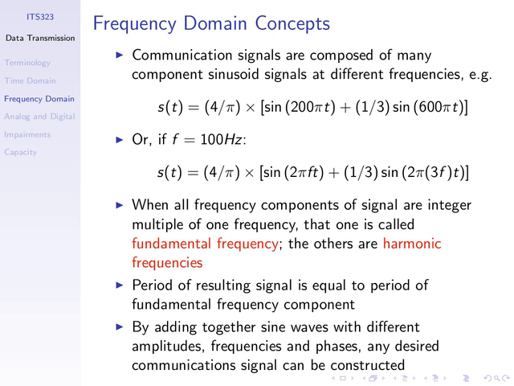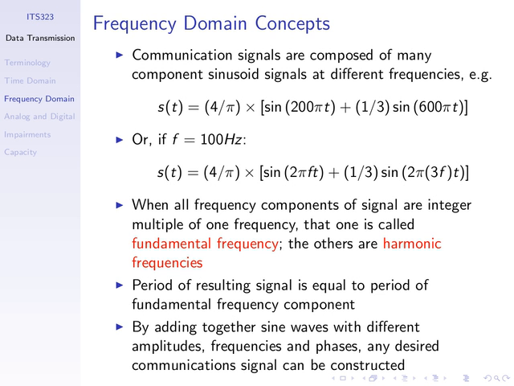Second component, S_B, peak amplitude of 1/3. It'd look the same, except it's shrunk in this way, so that the peak would only go up to 0.33 and down to minus 0.33. Phase offset is still 0.